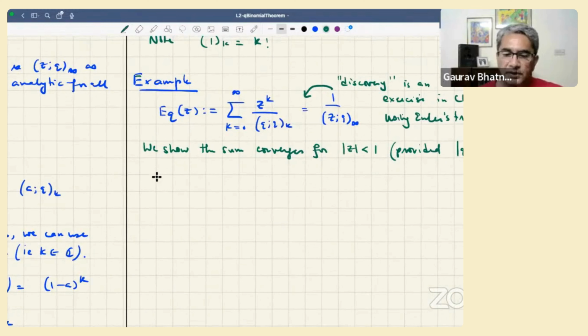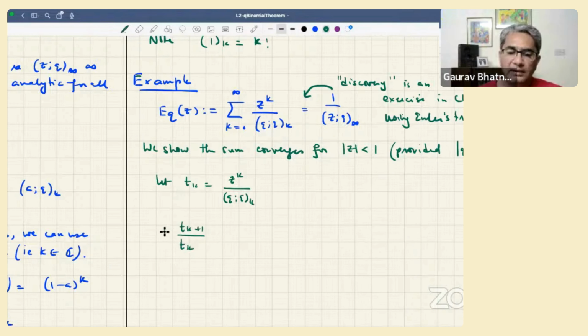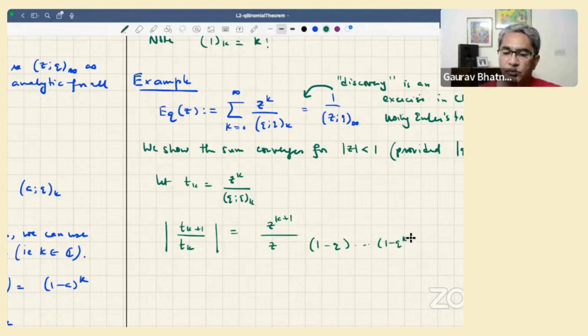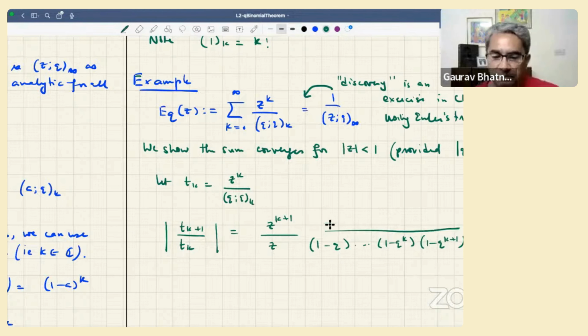Let's do the ratio test. Let t_k be equal to z^k over (q;q)_k. Then consider the absolute value of t_(k+1) over t_k. That's z^(k+1) over z^k, and at the bottom you have (q;q)_(k+1) over (q;q)_k, where (q;q)_(k+1) has 1-q and so on until 1-q^(k+1).